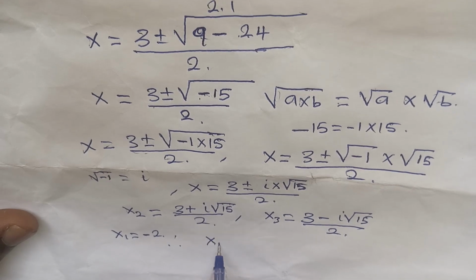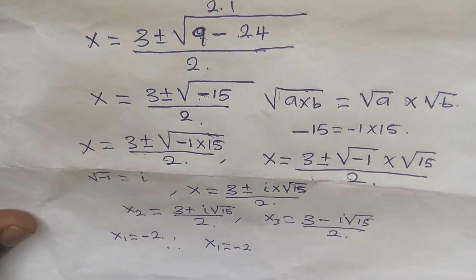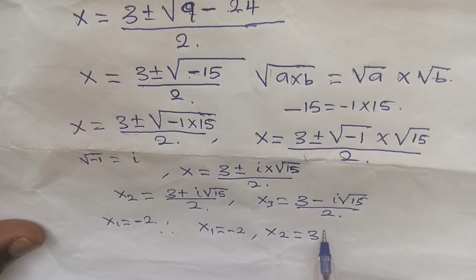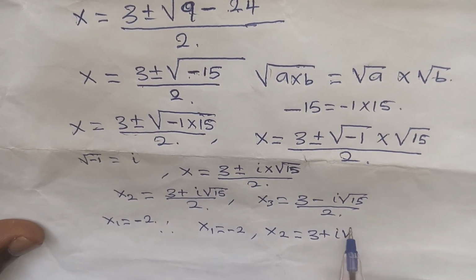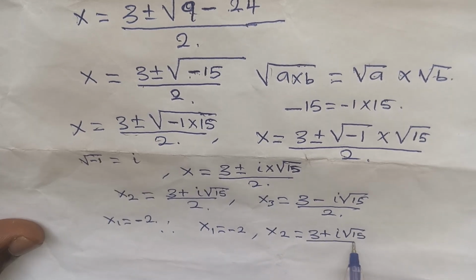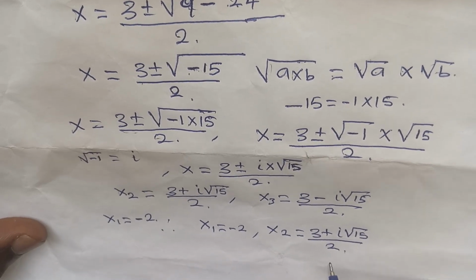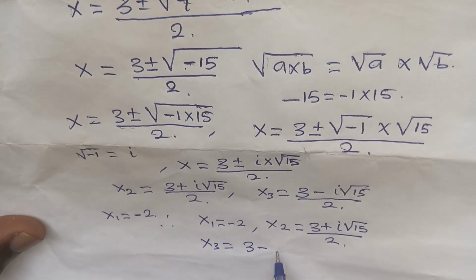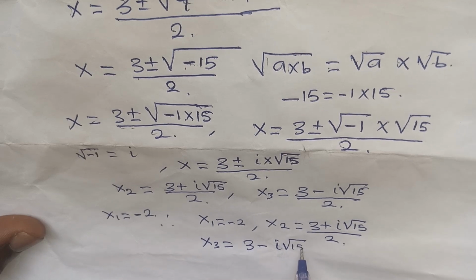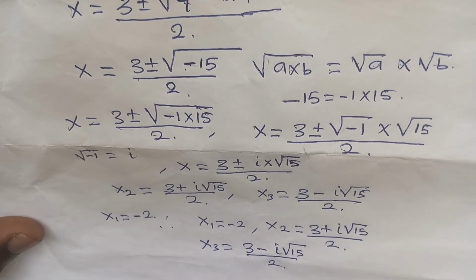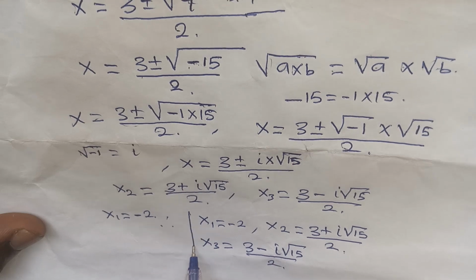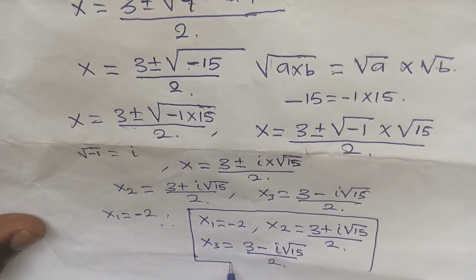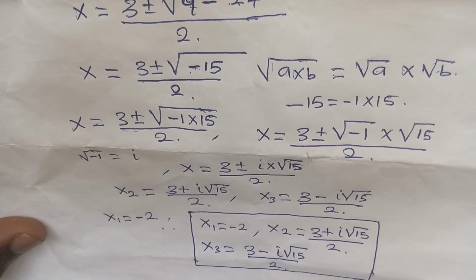Therefore, x1 equals negative 2, x2 is equal to 3 plus i root 15 divided by 2, x3 equals 3 minus i root 15 divided by 2. So these are the values for x1, x2, and x3.